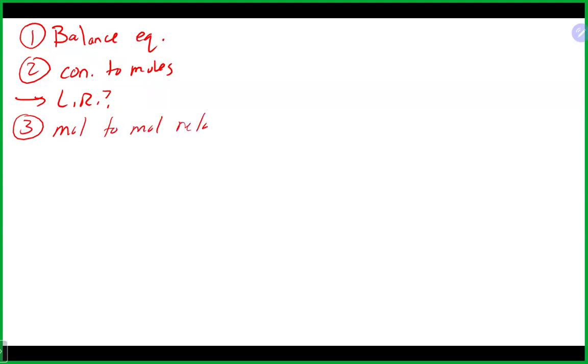We want to take whatever they give us and convert to moles. We also always want to think about, is it a limiting reagent type situation? We then want to do our mole to mole relationship using our limiting reagent if necessary. And lastly, we want to take our moles to some other unit.